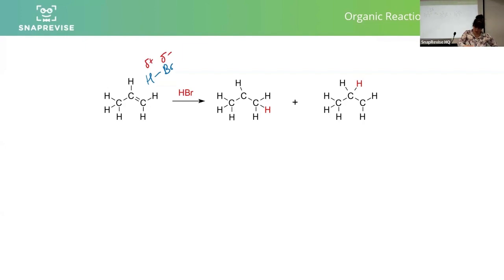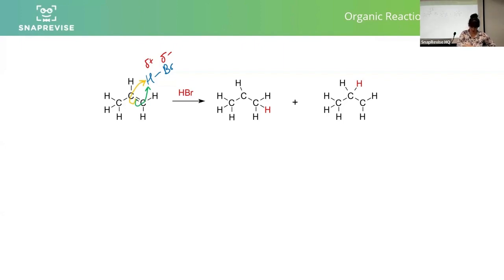Now, you could get attack via one carbon, so where one of the carbons bonds to the hydrogen, or you could get attack where the other carbon bonds to that hydrogen. That's going to form a different intermediate. That's going to form a different carbocation.